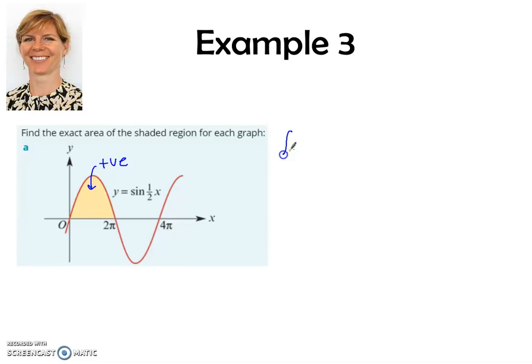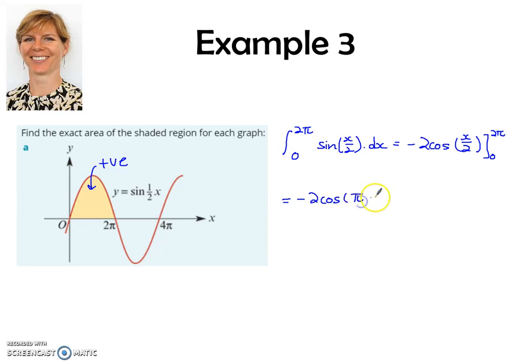So we've got the integral from 0 to 2 pi of sine of x on 2. And that will give me negative 2 cos x on 2 between 0 and 2 pi. So we've got negative 2 cos of pi, because 2 pi on 2 is just pi.